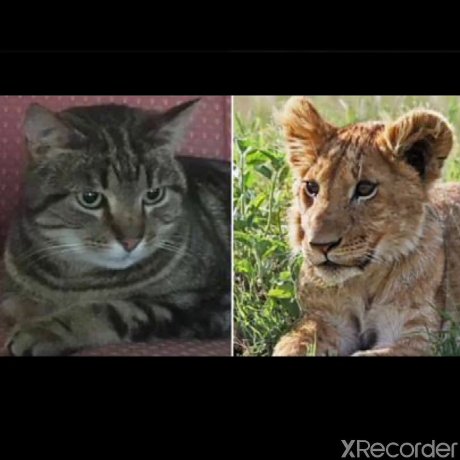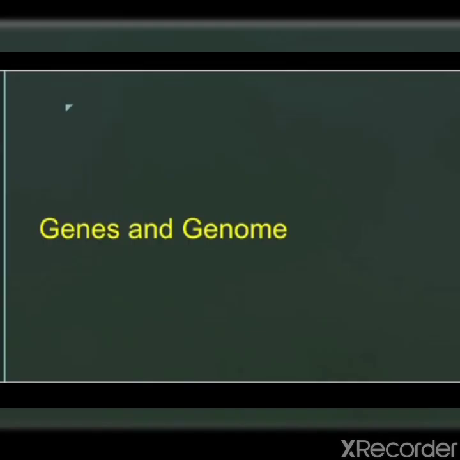And already you know that both of them have same number of chromosomes, that is 38, but they are different from each other in body size, behavior, color, appearance, etc. And all these characteristics of these two animals are due to genes which are located on the chromosomes.